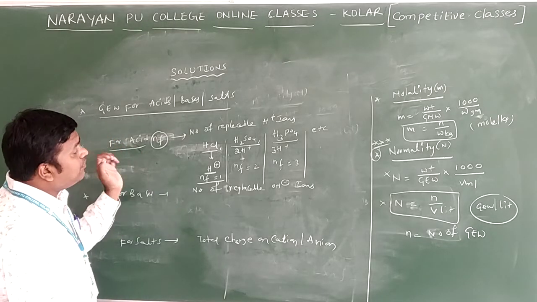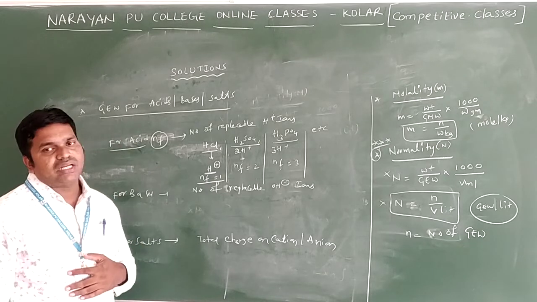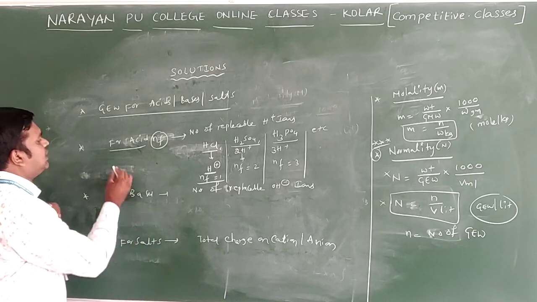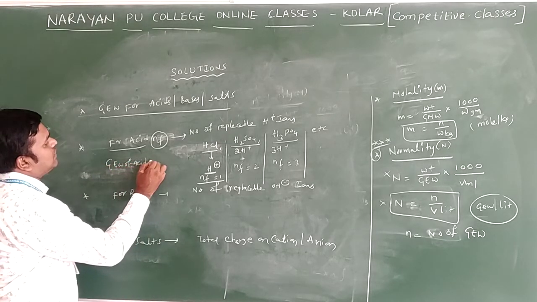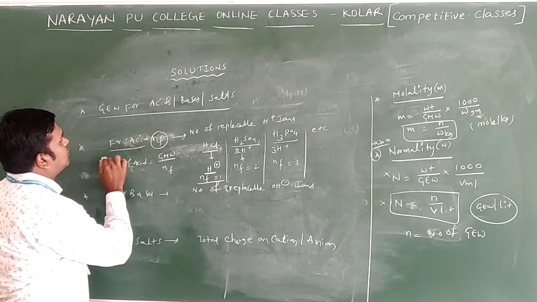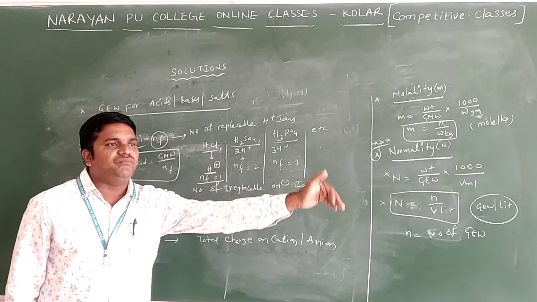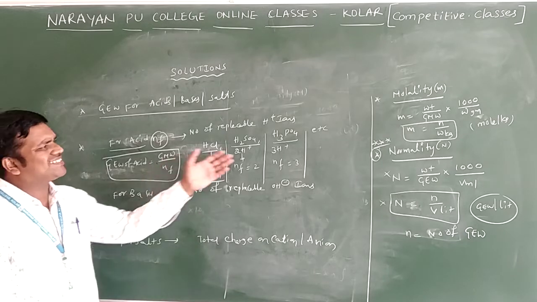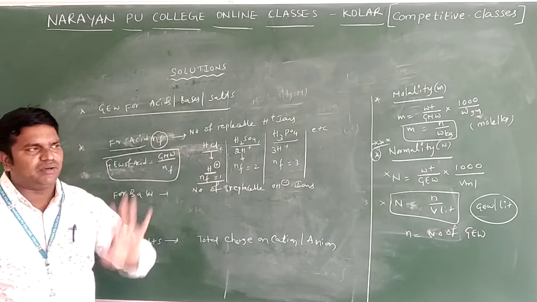Gram equivalent weight of acid is equal to gram molecular weight by N factor. I am writing here gram equivalent weight of acid is equal to gram molecular weight by N factor. If you want to identify the gram equivalent weight of the acid, you have to identify the N factor. We have already discussed so many examples in the solution chapter only.